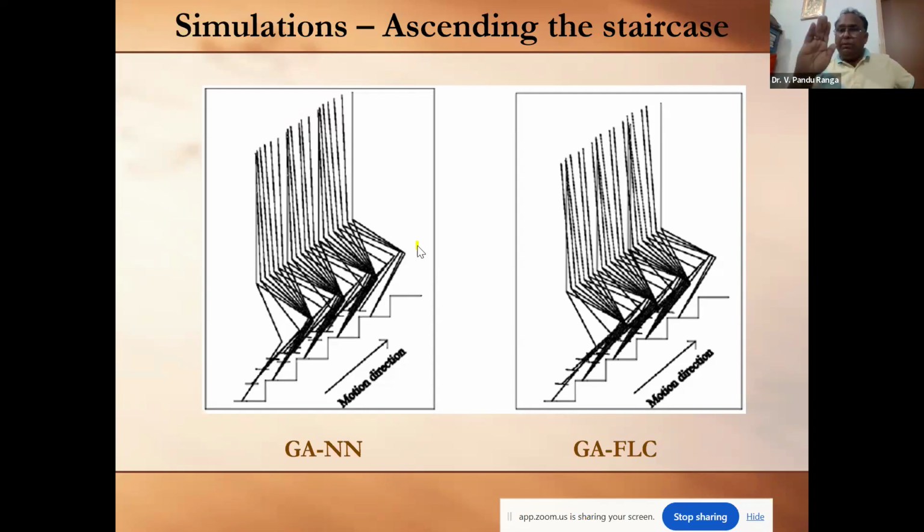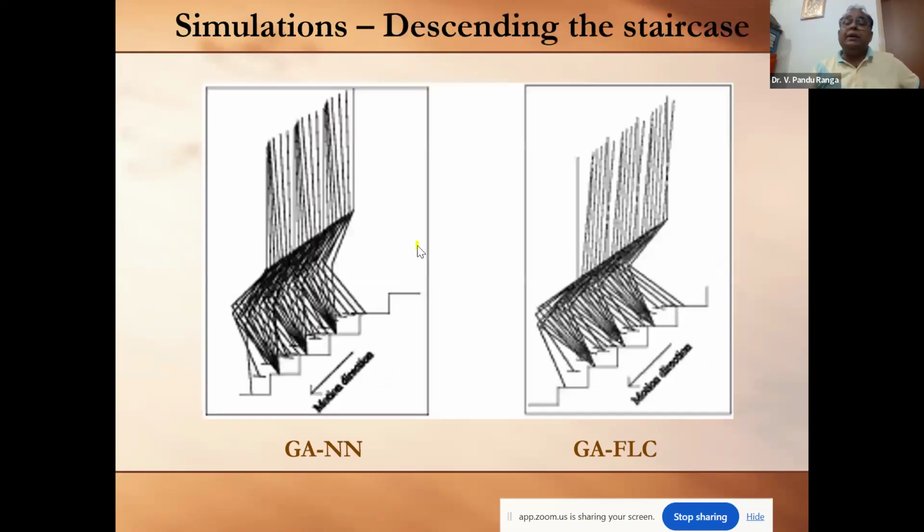We also feel that we will be slightly bending forward and backward, not as much as what we got during the analytical approach. These two approaches say that the gait generated is well within the required variation, and it has also executed a smooth variation from one step to another in both ascending and descending cases.